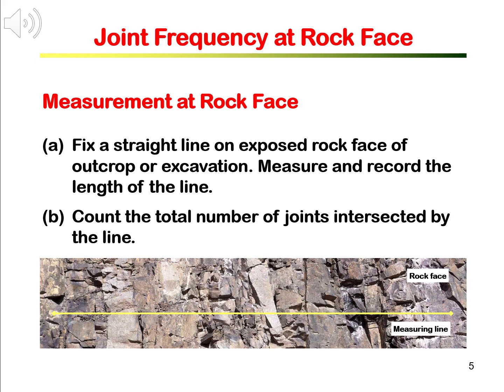We can also measure the spacing between each two adjacent joints, but that will take a bit of time because you're measuring each section between two joints. Or you can take direct measurements on RQD, as we learned how to compute RQD in the formula before.